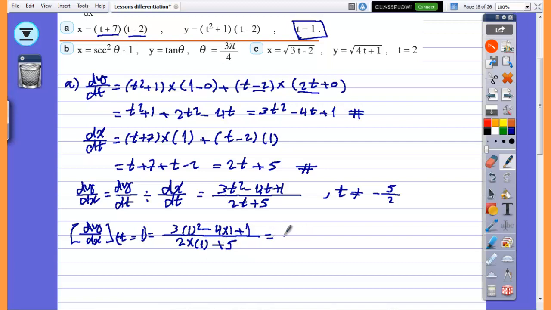You can use your calculator. We have 3 multiplied by 1 squared, which equals 3, minus 4 equals negative 1. Negative 1 plus 1 equals 0, over 7. So the result equals 0.